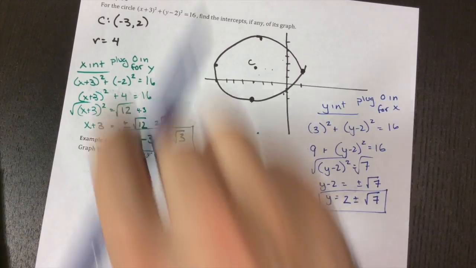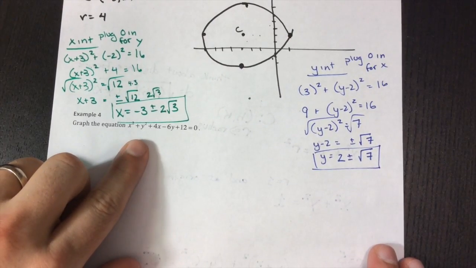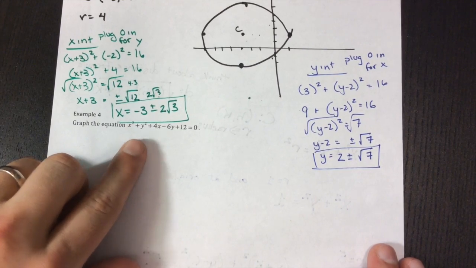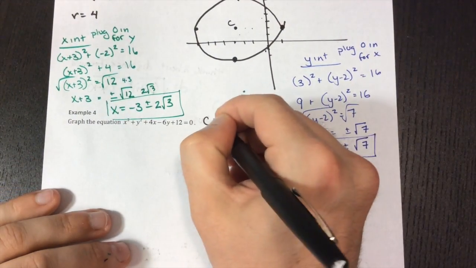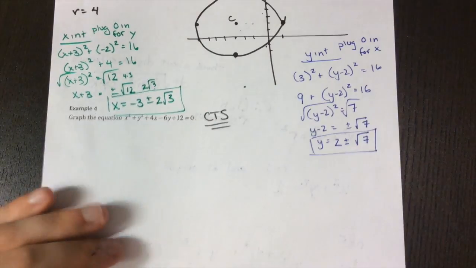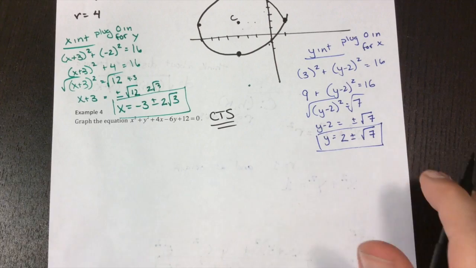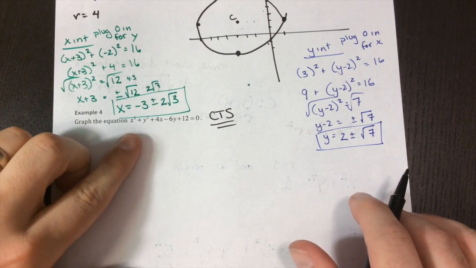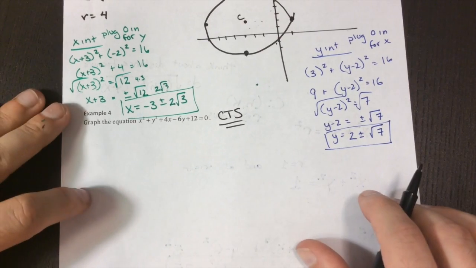Last thing, the scariest thing that we could possibly do is graph the equation when it's not in our standard form, which means we're going to have to do something that we've all dreaded since 9th grade, completing the square. Let's do a brief crash course on this, and it's really not that scary.